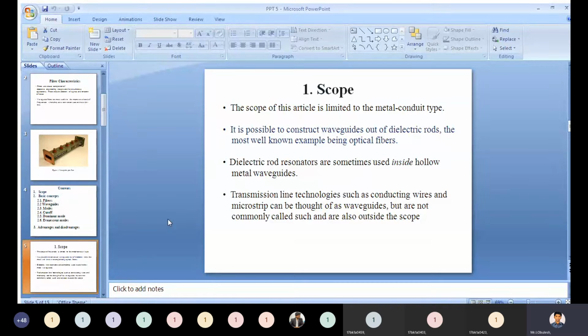The wave is mostly surrounded by conducting material. It is possible to construct waveguides out of dielectric rods, the most well-known example being optical fiber. The best example for this, I think you know very well, is optical fibers.